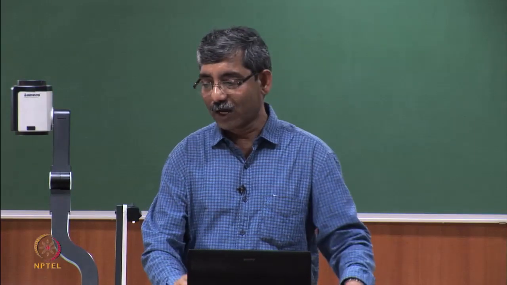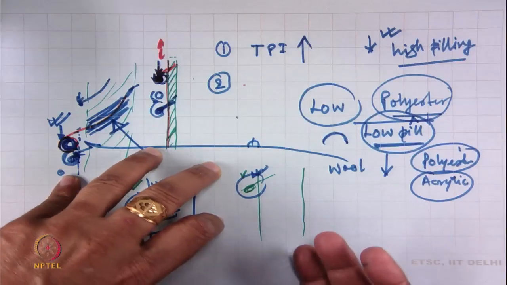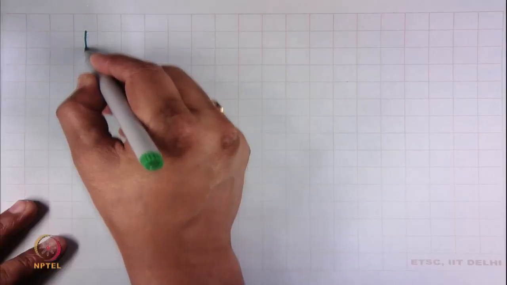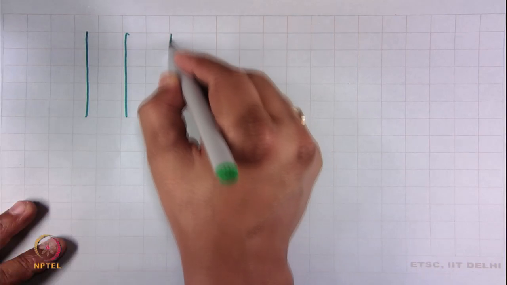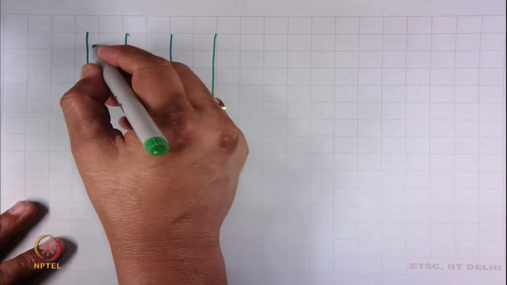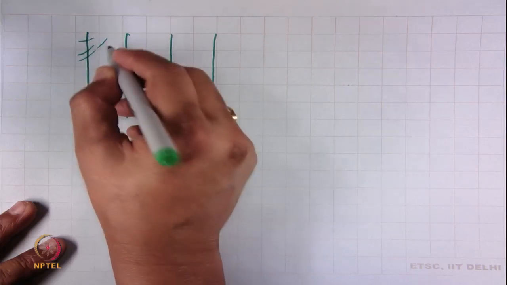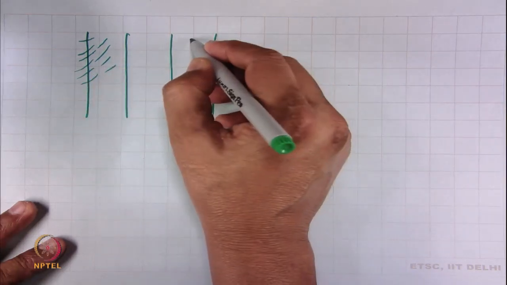Now, the longer fiber. For the same type of fiber, if the fiber is longer, suppose this is polyester, one is made of smaller polyester fiber, another is made of long fiber.